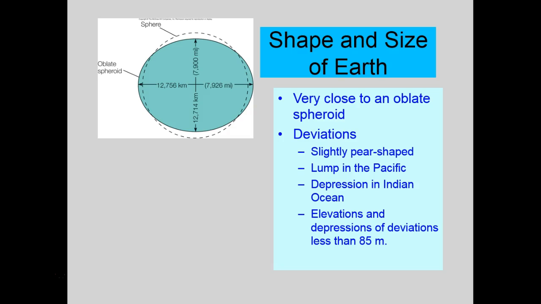If you take the difference between these two, you get 42 kilometers. That's not 85 meters. So I don't know if the elevation depressions there are talking about the changes here. I think this is just talking about the pear-shapedness of the Earth. Still not much change here.